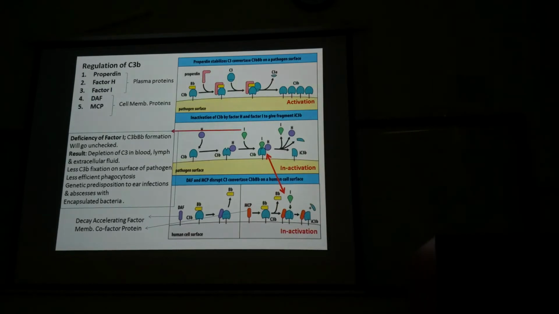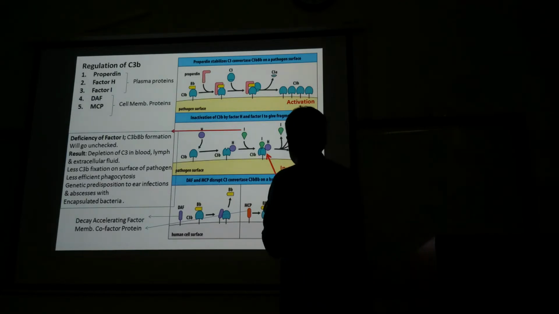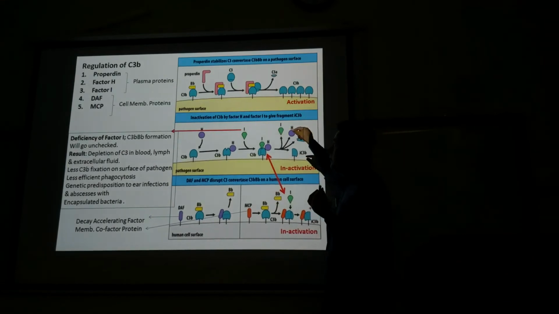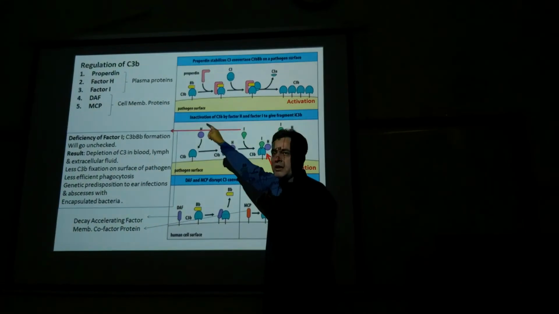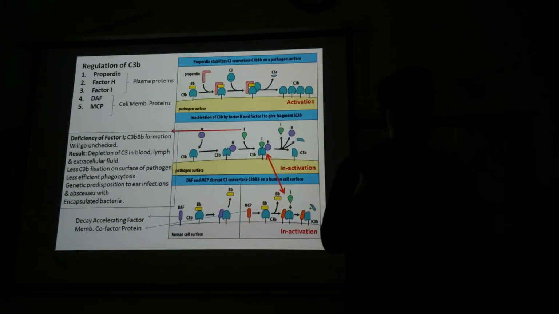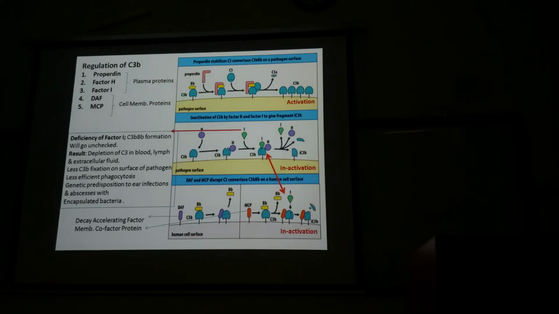Okay, so iC3b is also fixed to the surface of the pathogen, but this iC3b is not competent enough to recruit Bb, okay, or to recruit factor B. So this iC3b is not qualified to marry Bb, or factor B.